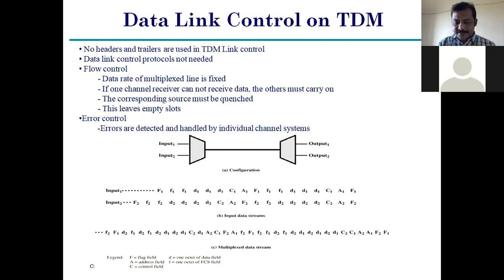Header means it contains control information. Control information means packet information. Packet information means that the selected packet is transmitted from the selected source to the selected destination. How to transmit? Based upon the control information. In that control information, there is a source address, a destination address, and intermediate nodes' addresses.